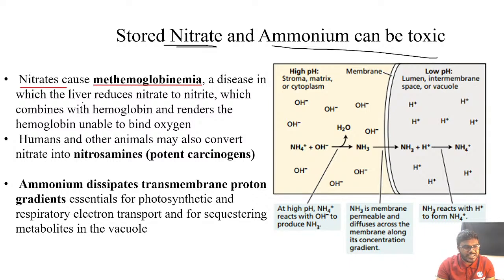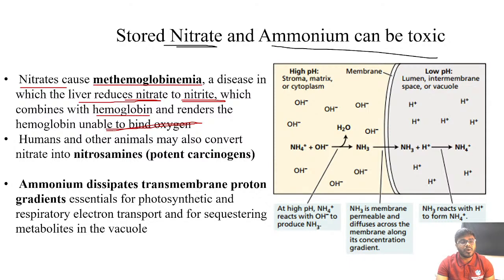It is a disease in which the liver reduces the nitrate to nitrite. Friends, you know, right? Compared to NO3, NO2 is more toxic, highly reactive. This NO2 will go and combine with the hemoglobin, and it will never allow the hemoglobin to bind oxygen.